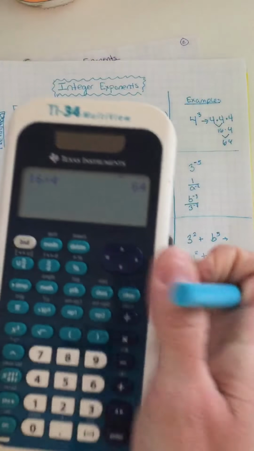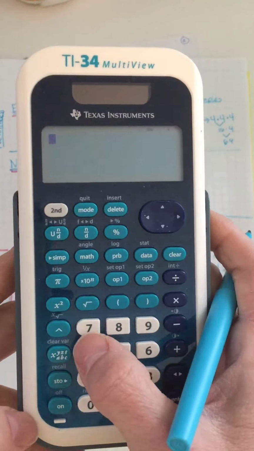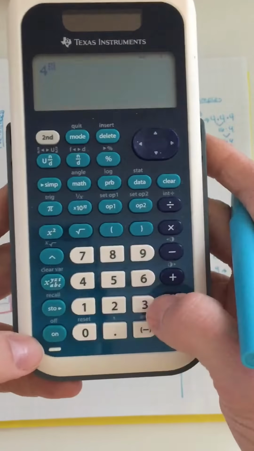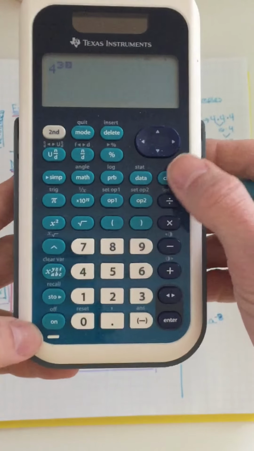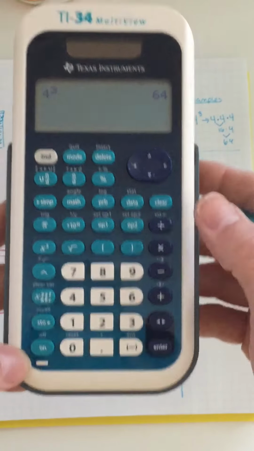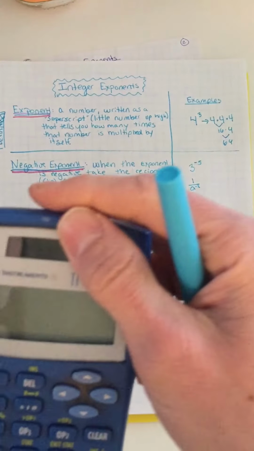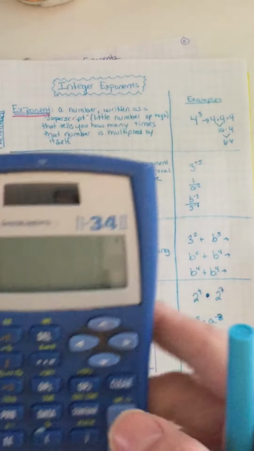When I'm entering this into my calculator, there are a few different ways to do that, so let's go over that really quick. I would do 4 to the third power, and I always move it over to make sure it's okay, and then hit enter. If you are using a calculator like this, clear that out.